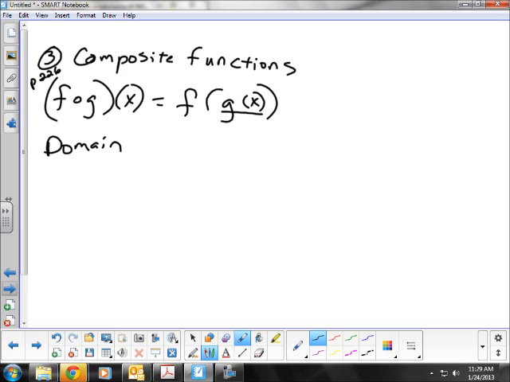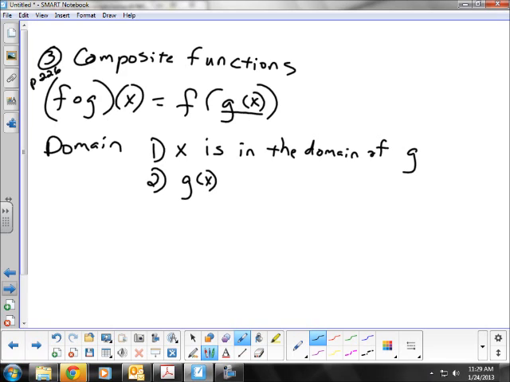The domain of this composite function is all of the x's such that we have to have two conditions met. That x is in the domain of G. And that G of X, so in other words, the Y value that you get back from plugging that X into G, has to be in the domain of F.